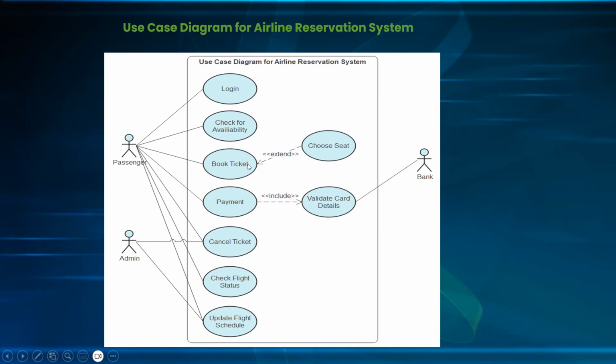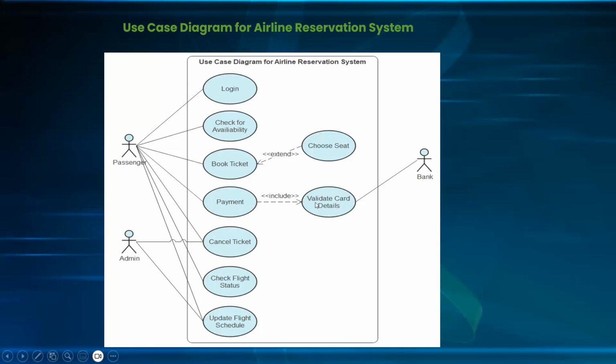Because the passenger doesn't have to choose a seat, but they can decide to. Because of that decision they can make here, it becomes an extend relationship.